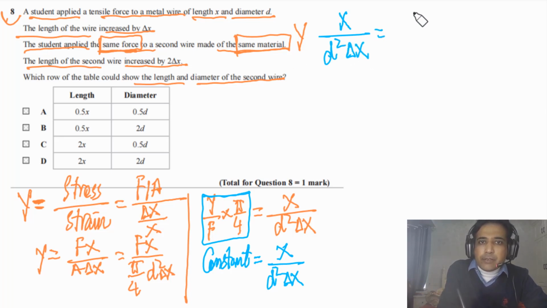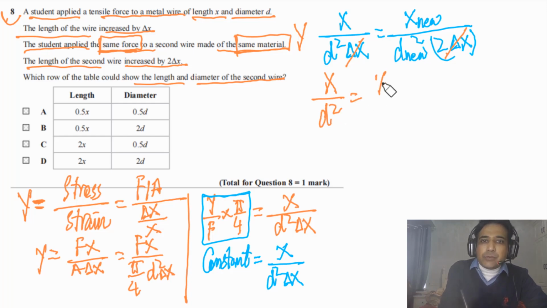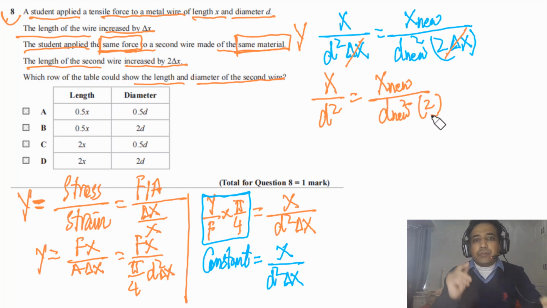For the second wire, we need to find the value of x new and d new, and we have the extension, that is 2 times delta x. Now we can cancel out delta x with delta x, so we are left with x over d square for the first wire, and x new over d new square times 2 for the second.